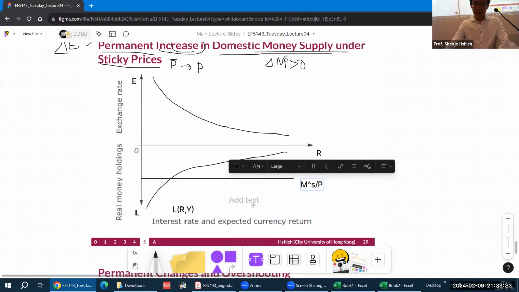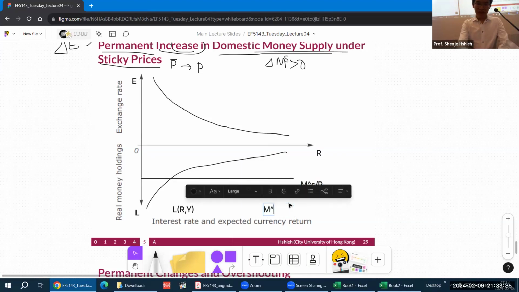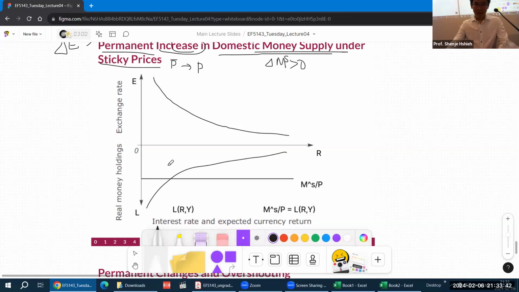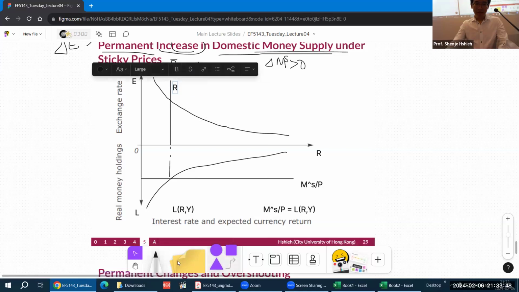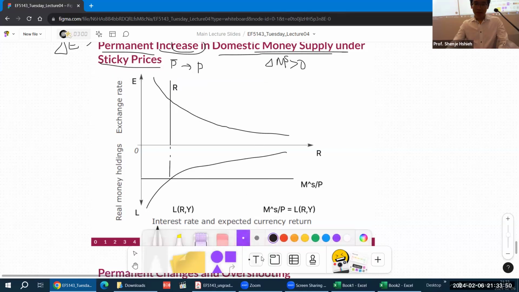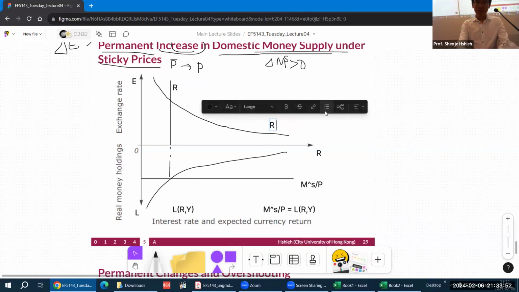And this point here is MS over P equaling liquidity preference. There will be a market clearing interest rate, call that R, and that R will determine the equilibrium spot exchange rate.